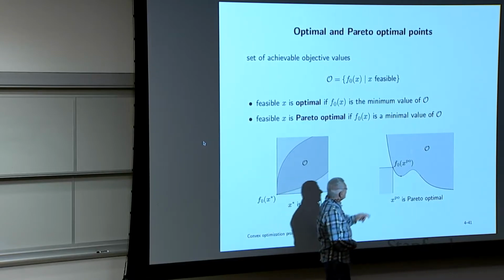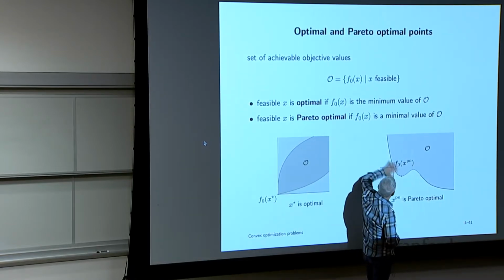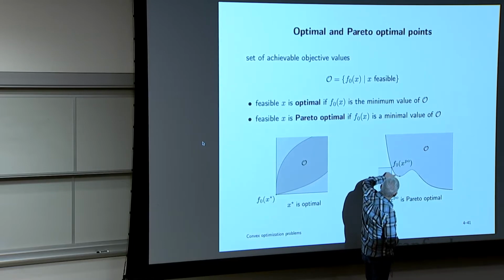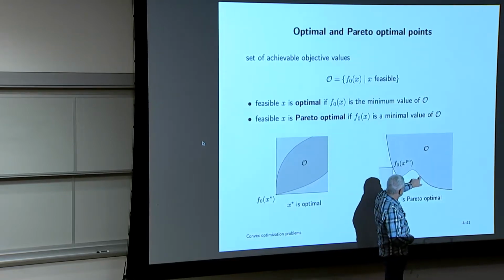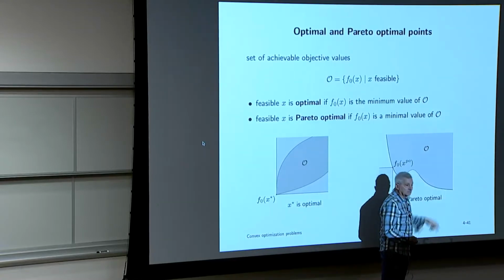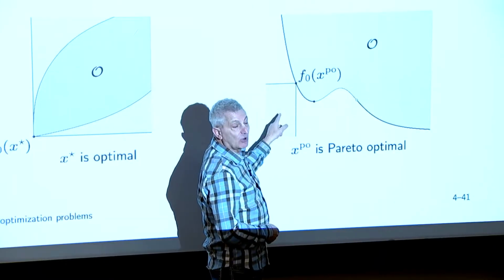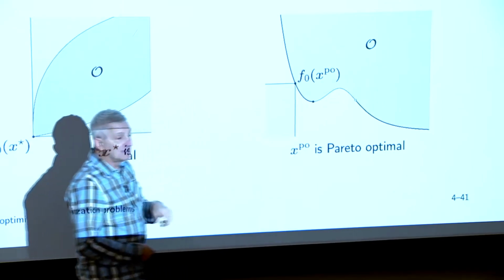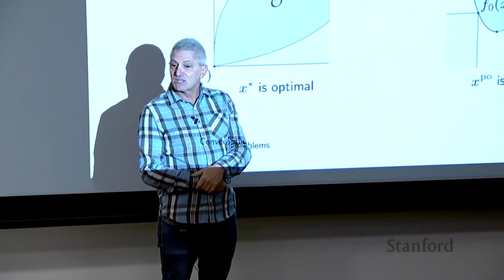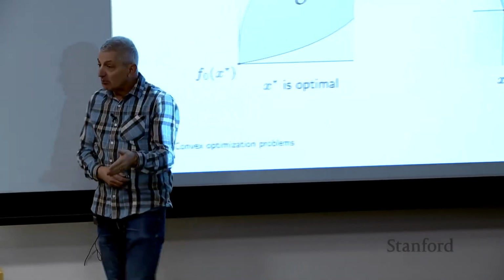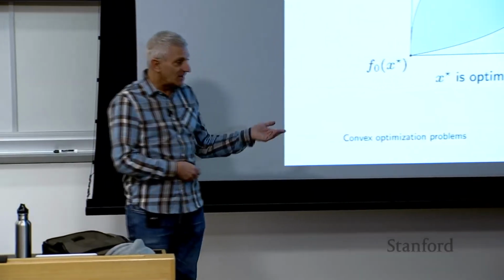Right? The minimal points of this set O are these over here. It's this boundary here, and then that's open, and then this boundary here. So for every single one of those points, there's no point that is strictly better than that point. Right? So they're literally the minimal points of O, which is the achievable objectives.